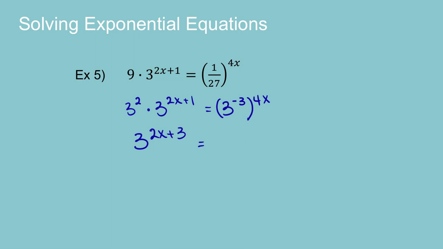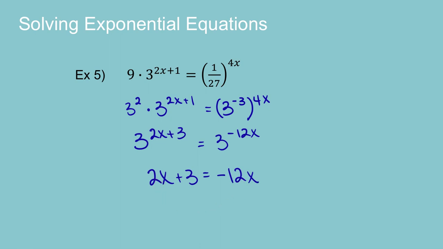So the right-hand side becomes 3 to the negative 12x. And now I have both sides with a base of 3, and so I'm able to set these exponents equal because it's an equation. So 2x plus 3 now is equal to negative 12x, and this is a much simpler equation to work with now.